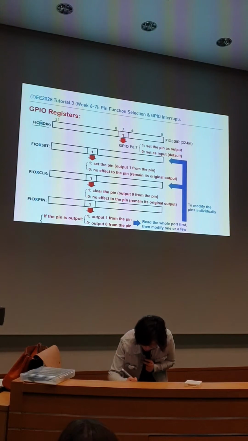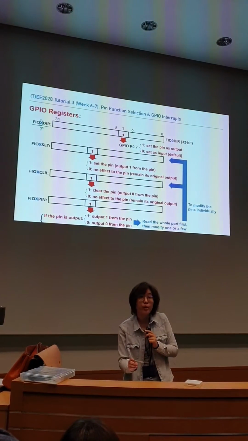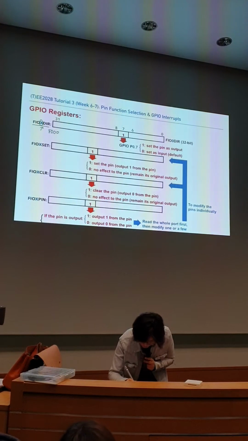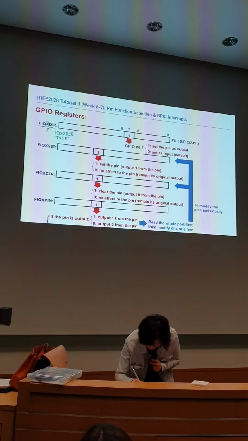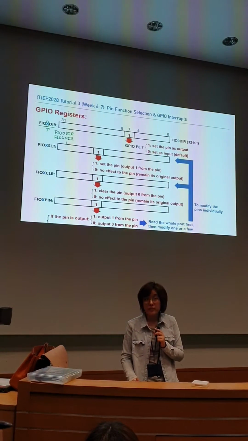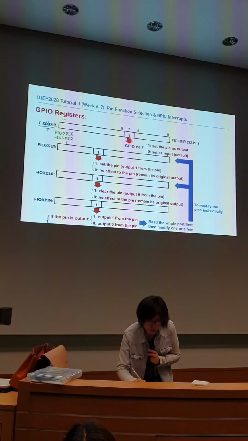I have X here because basically you have multiple of these registers. For example, FIO0DIR and FIO1DIR and so on. Because you have a lot of pins, that's why here I put X.